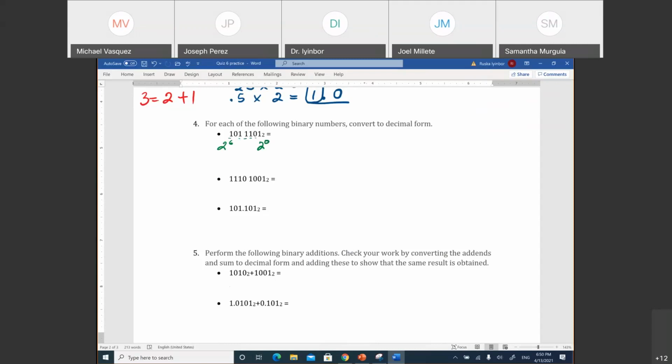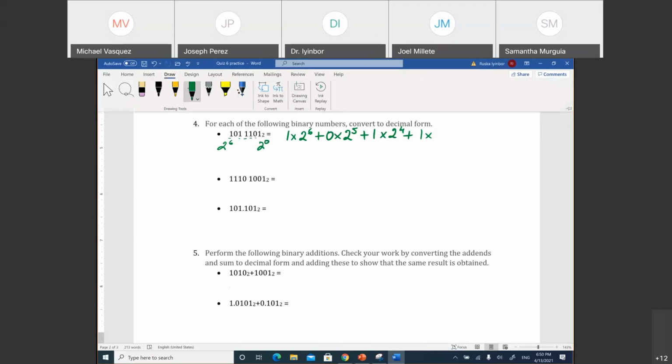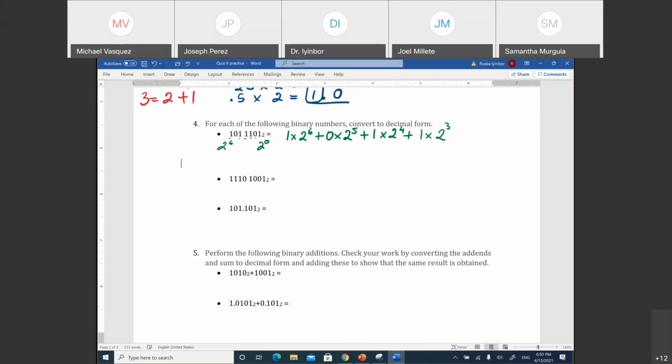So you're going to expand it like this. 1 times 2 to the 6 plus 0 times 2 to the 5th plus 1 times 2 to the 4th. And then you have 1 times 2 cubed plus 1 times 2 squared, 0 times 2 to the first, and 1 times 2 to the 0.